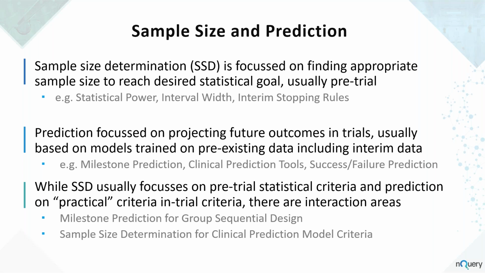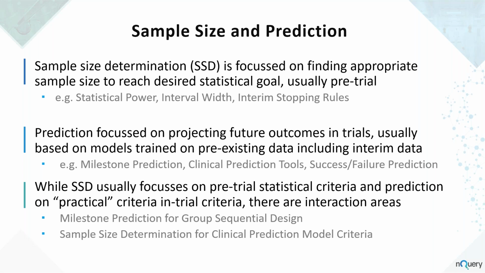So while sample size is usually focused on these pre-trial statistical success criteria, prediction is usually focused on these more practical success criteria, in inverted commas. So this idea of power is very tied in with the inference framework that you chose to use for your clinical trial, whereas prediction is focused on practical things like, how long is it actually going to take me to get to the point where I can decide to make a statistical choice or not, based on the information that's become available.